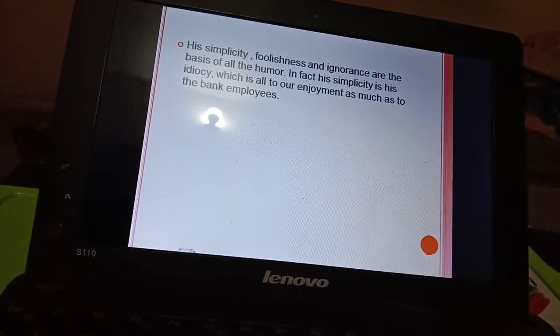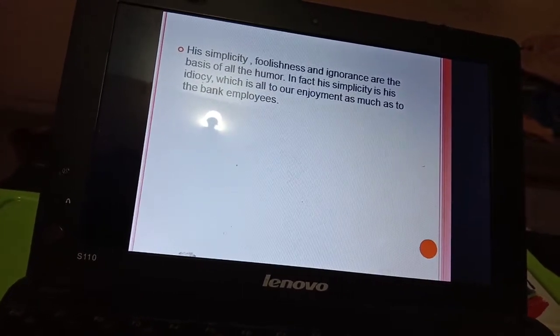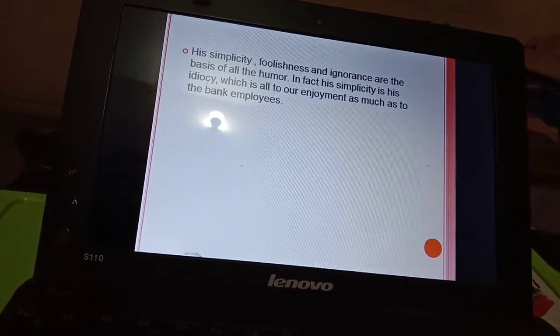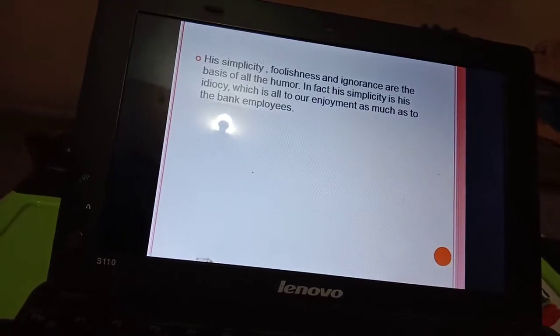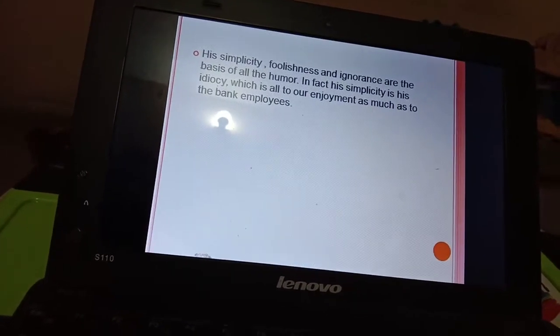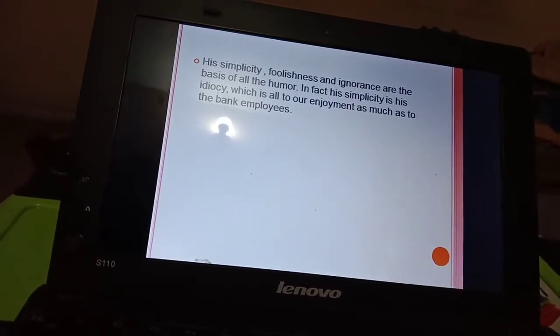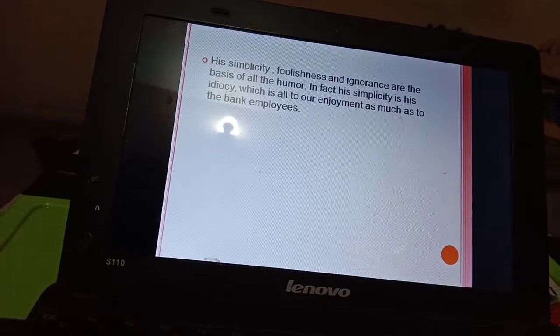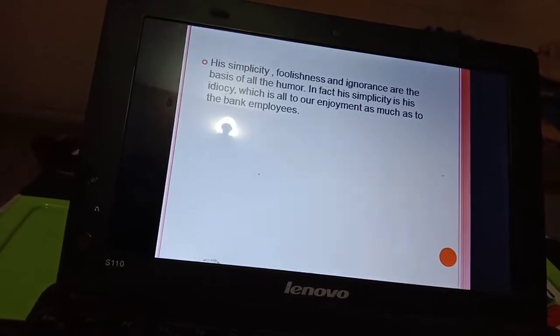In this text, the author narrates his experience, how he went to the bank and how he opened a bank account and what happened to him, and how strange he was, his detective manner, and his love for money. It's all about humorous drama.